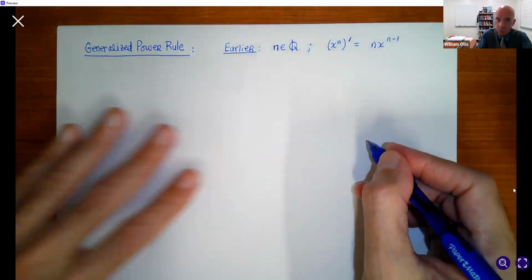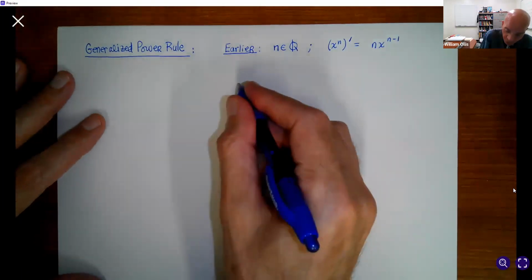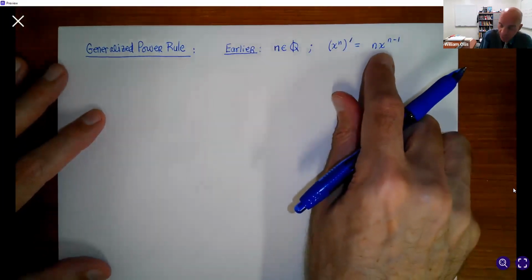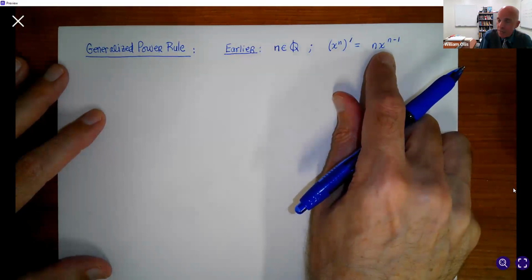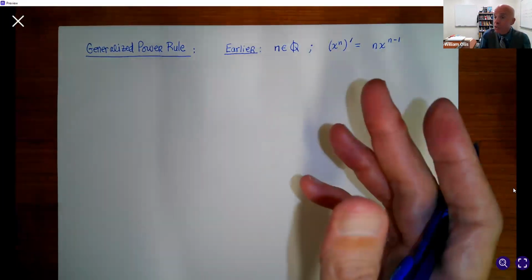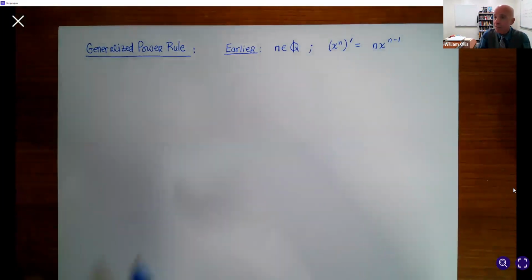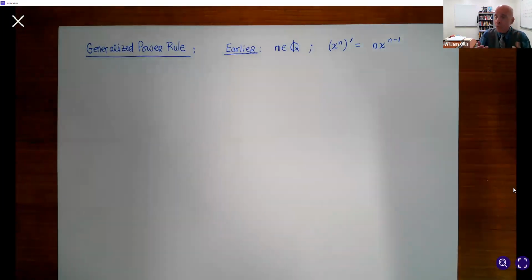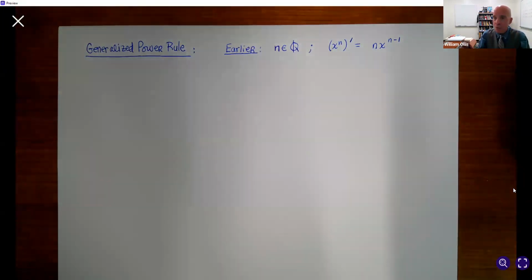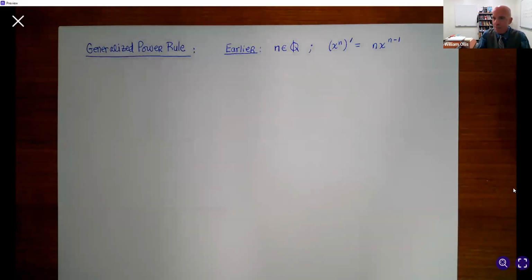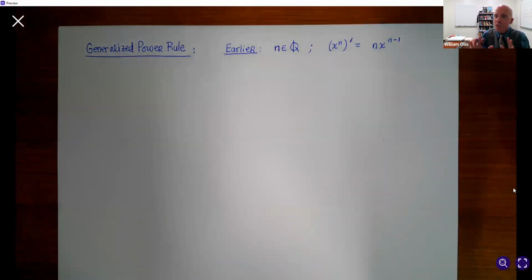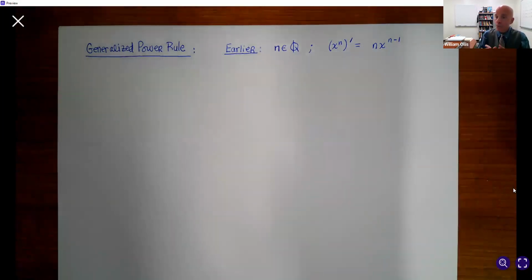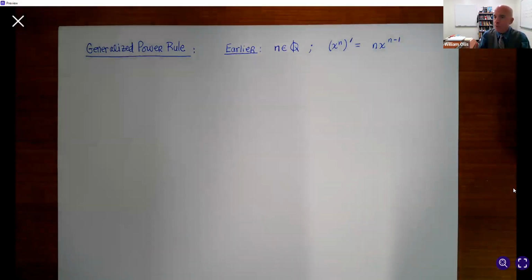That's the power rule. Now, the generalized version means that we are now looking at replacing x with a function of x that maybe is more complicated. If we have the chain rule, of course, it could be that simple. But the chain rule basically is saying that now we have an inner function that's different from x.